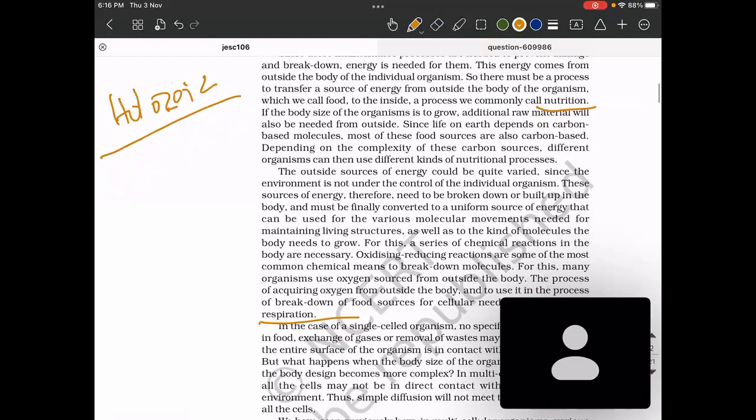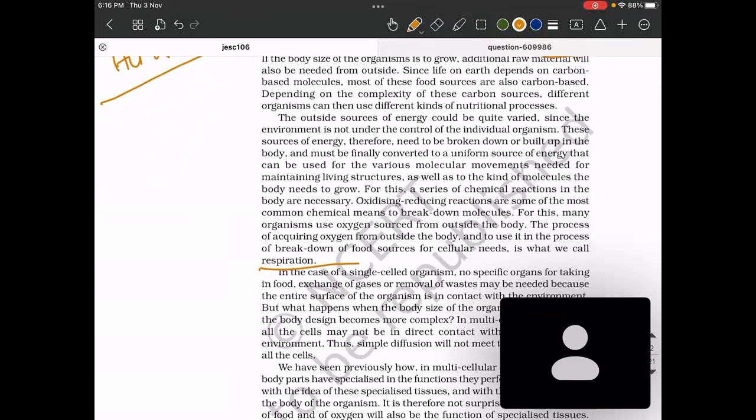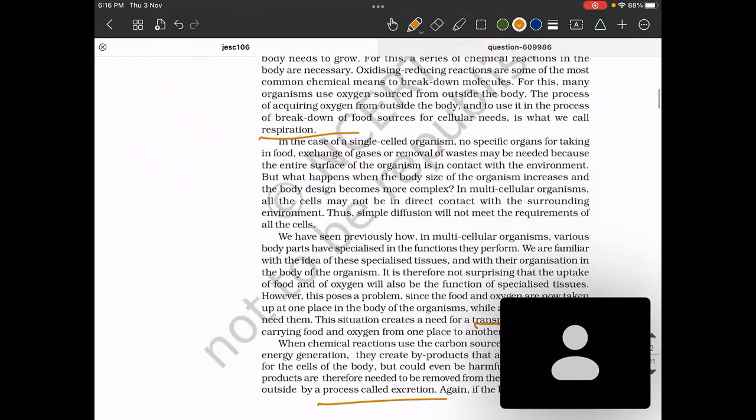It has to be digested by the digestive system, absorbed into the blood, and circulated all over the body to each and every cell. The food's nutrients should be supplied, and then the cell will utilize them and produce waste. The waste has to be excreted out. So these are all the important steps in digestion and nutrition. You supply, the cell gets it, it sends the waste, and the waste has to be removed. It is a kind of cyclic process.